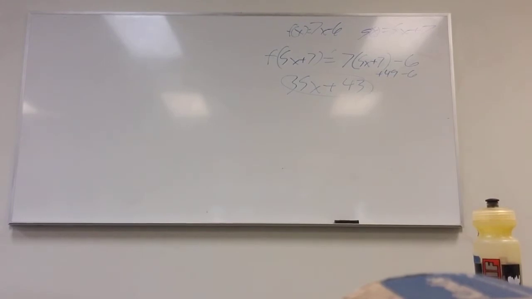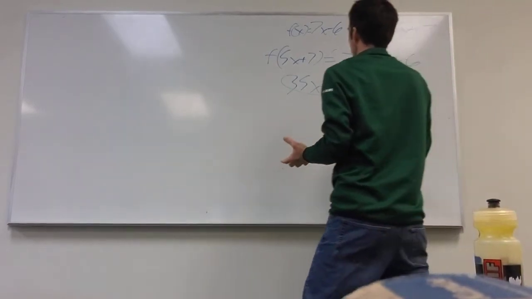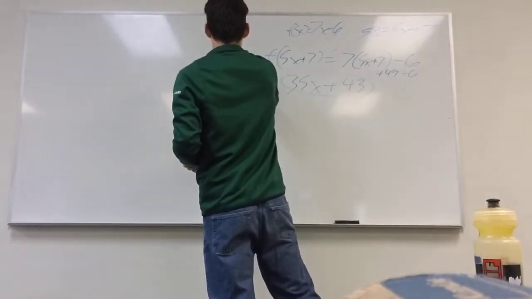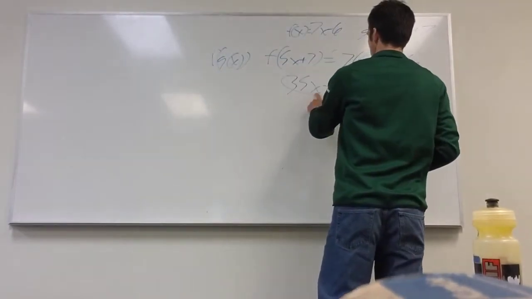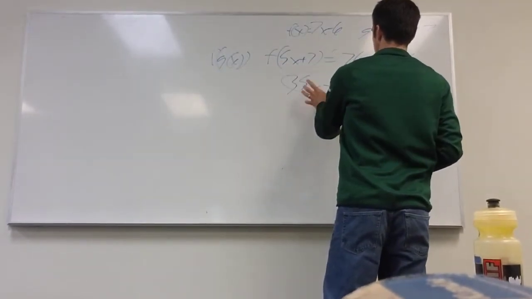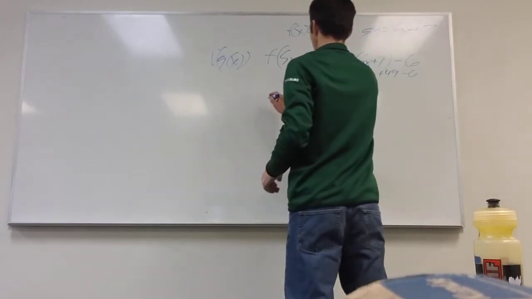Now, f of g of 1 and f of g of 3. So I found f of g of x. So now I'm just going to plug a 1 in here, and I'll get 78, right?